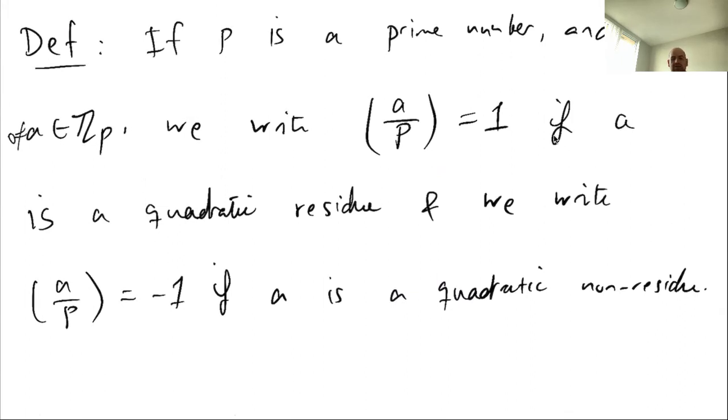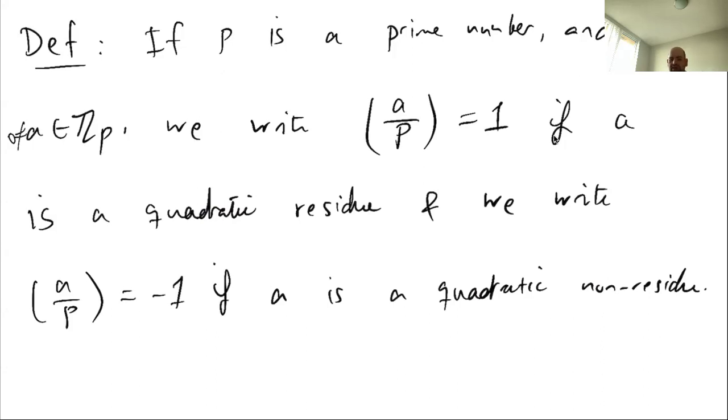And then a over p. You may wonder, why do we say a over p? Well, a is a number in Zp and p is a prime. For example, if p is 5 and a is 3, then a over p could be 3 over 5. Why do we say 3 over 5 equals 1? Well, this is just a notation in number theory.